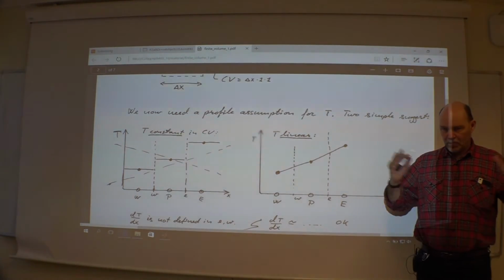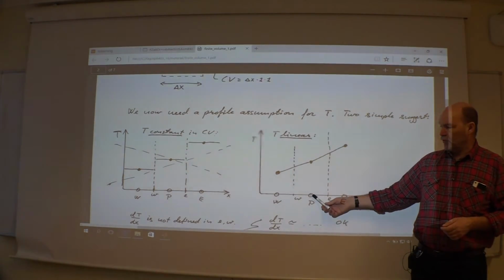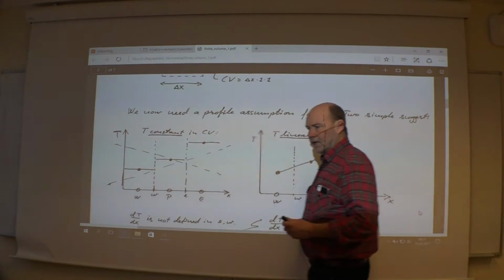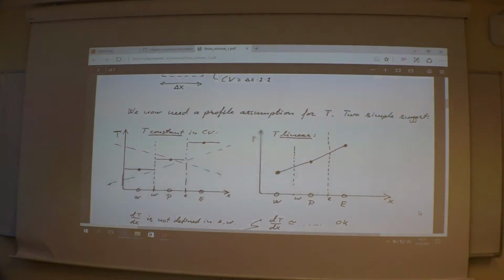Finite element could be very complex. Then you are going to need more than one point to describe what's going on, but that's a different story. So we are not covering finite element in this course. We limit ourselves to simple finite volume, maximum linear variation inside one single volume.